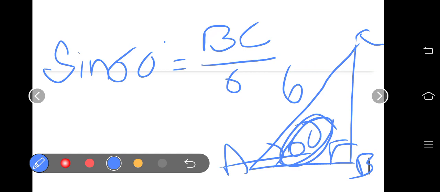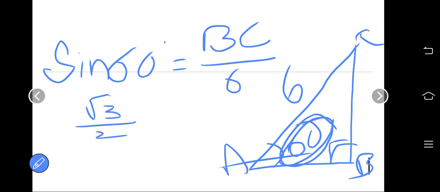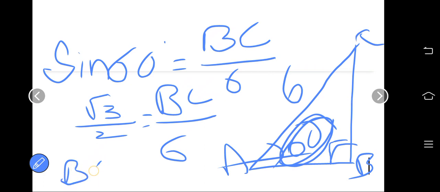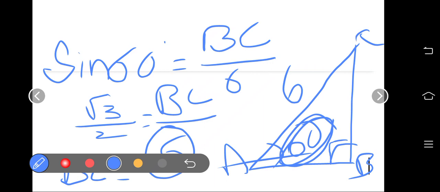So now what can you do? Sine 60 is root 3 by 2, so it equals BC upon 6. When you send this 6 to the other side, BC equals 6 times root 3 by 2. You know that when something is in the denominator and goes to the other side, it becomes the numerator.